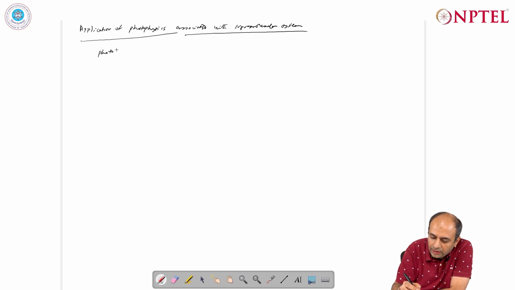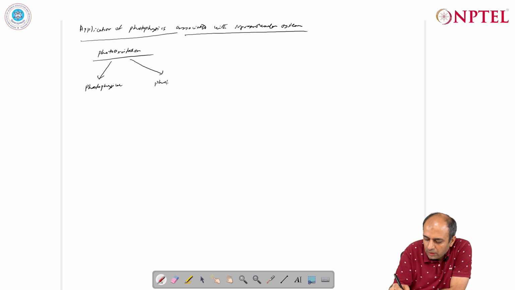So, when you have photoexcitation, we have looked at this part a little bit initially. In photoexcitation, we can have different processes. We can have photophysical processes, we can have photochemical processes.